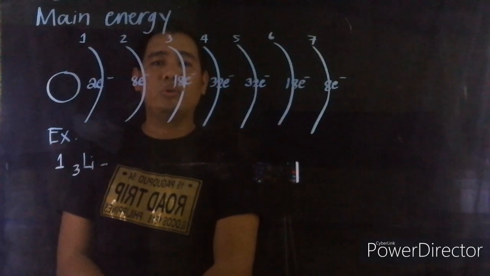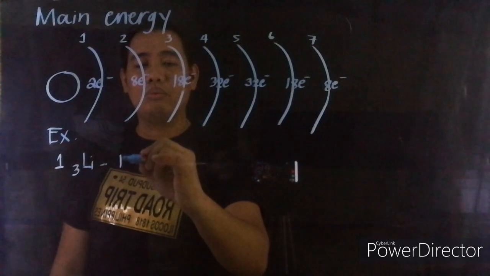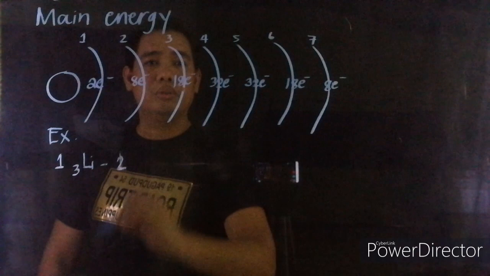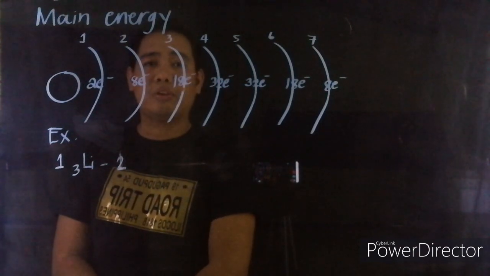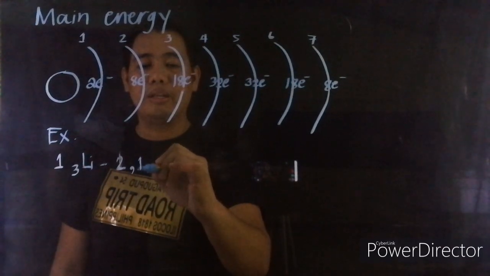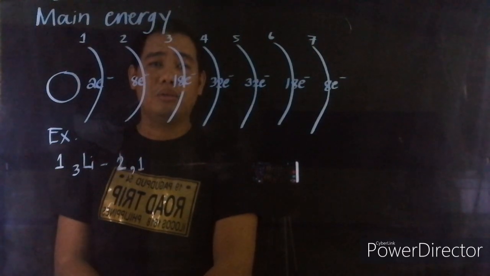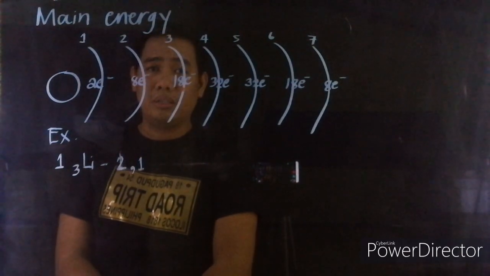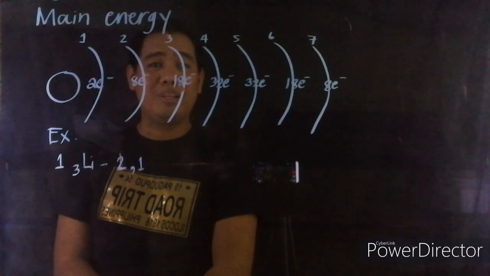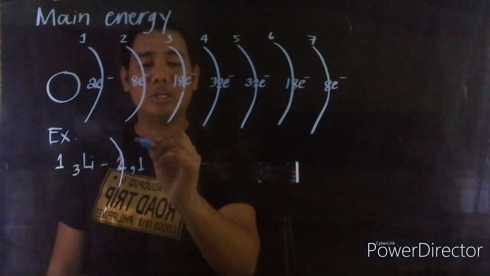So if we follow the main energy level, the first shell of lithium is 2. So how many more electrons are left? So we have 1. Without looking at the periodic table, you can predict the period number of lithium and the group number of lithium. So the period number of lithium is 2 because there are 2 shells.